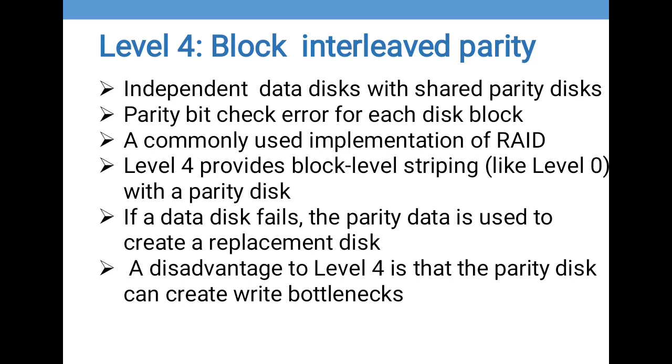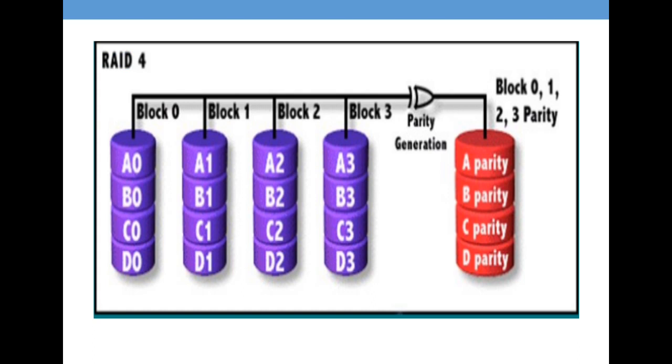If a data disk fails, the parity data is used to create a replacement disk. The disadvantage of level 4 is that the parity disk can create a bottleneck problem. For example, as shown in the diagram, for each block a parity bit is used, and all the parity bits are kept in a separate array of disks.